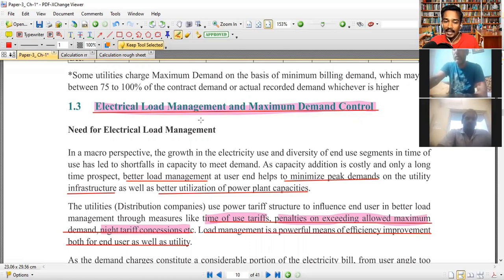Suppose the contract demand is 5000 kVA and the billing level is 70%, so 3750 kVA is billed. In peak load condition, if the maximum demand increases to 4000, they will pay for the extra 250 kVA monthly. At 600 or 700 for 1 kVA, it comes to 10 lakhs, 11 lakhs, even 20 lakhs. So they need to reduce that maximum demand charge. So load management is very, very important.